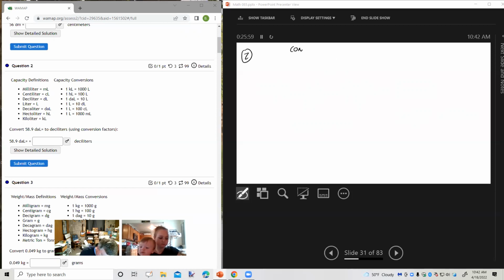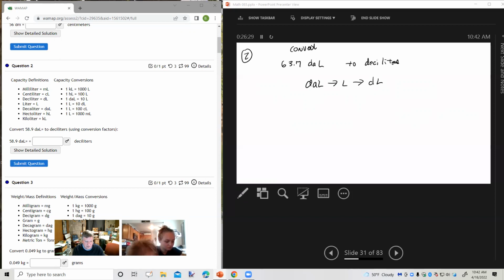All right. Convert. Let's see. What did I have? 63.7. Okay. 63.7 deciliters to centiliters. Okay. So from deciliters, I'm going to go to liters. And from liters, I'm going to go to centiliters.